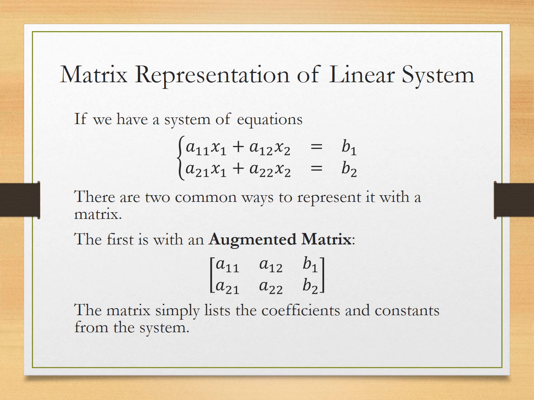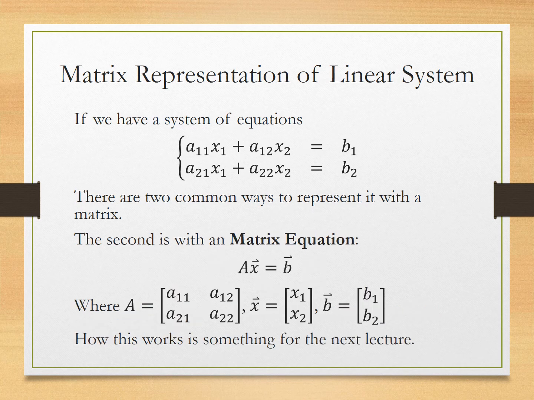You have A11x1 plus A12x2 equals B1. That's the first equation, so in the first row of the matrix, you have A11, A12, B1. In the second equation, you have A21x1 plus A22x2 equals B2, so in the second row of the augmented matrix, you have A21, A22, B2. That's simply copying the coefficients. How we use that is something we will talk about in a few slides. But that's the augmented matrix.